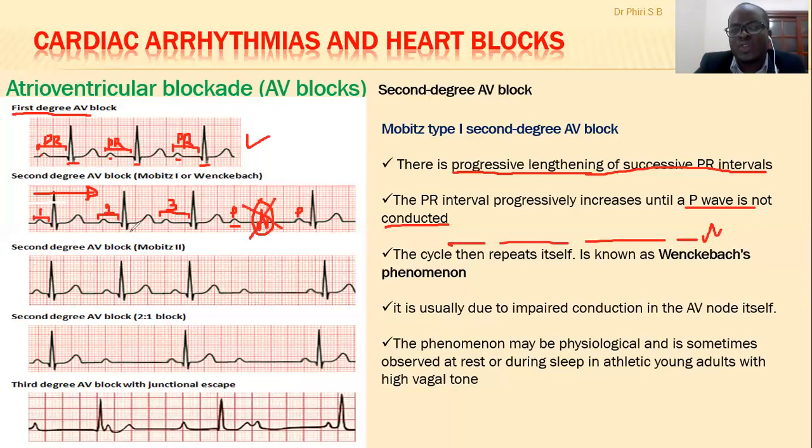So it means when you have progressive elongation of PR segment, then a missing QRS complex, then you know to say that you have Mobitz type 1, which is a second degree.